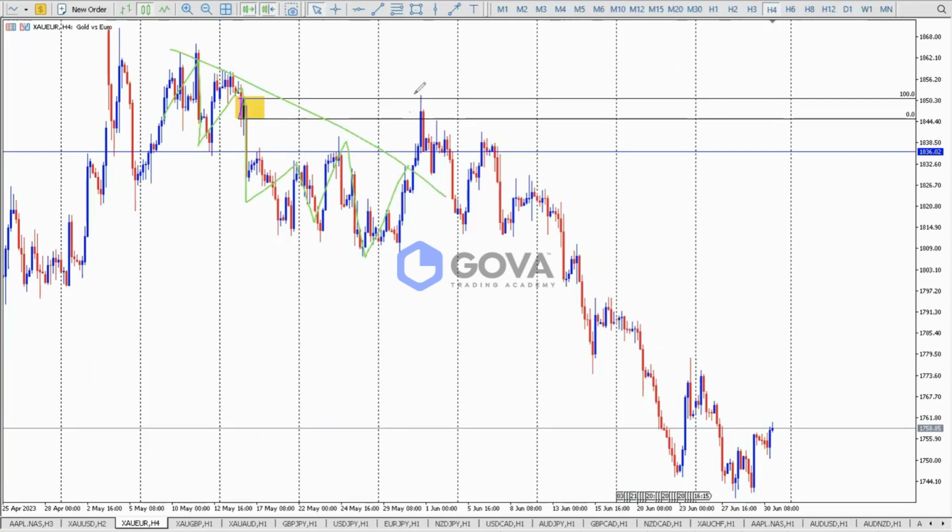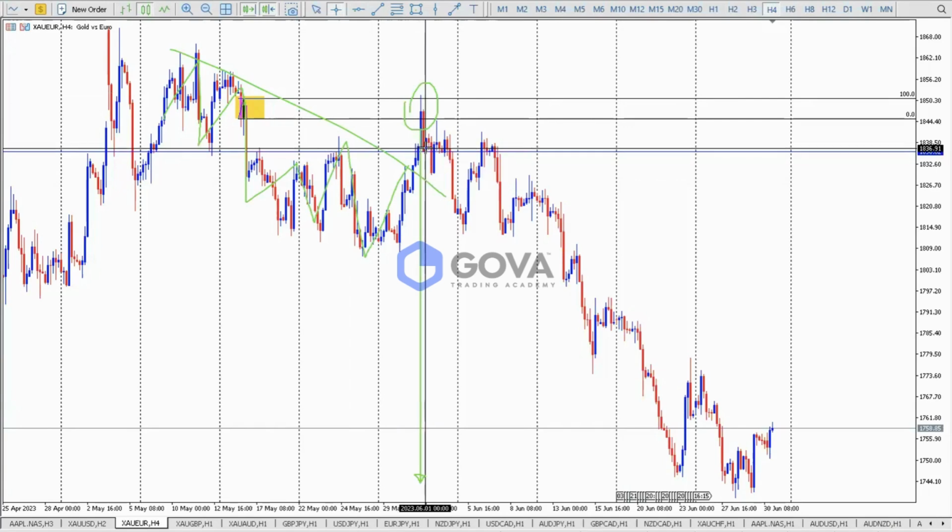We waited for market price to come back on the first day of the month. Remember, the first day of the month is here. Using the cross here, you can see this area is the first day of the month, which means the first day of the month opened around here. That's where the first day of the month opened from.